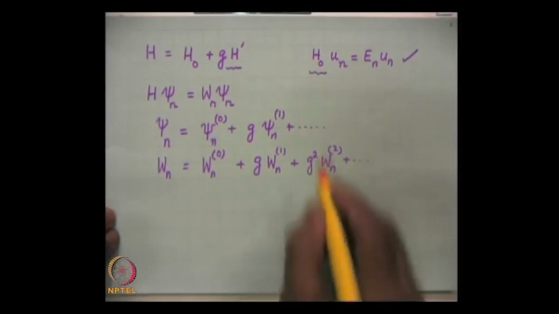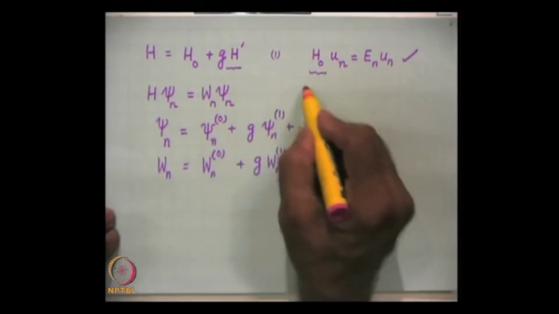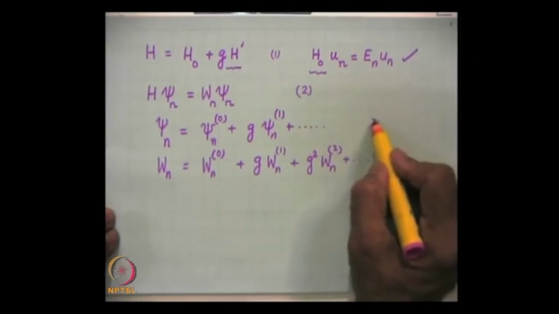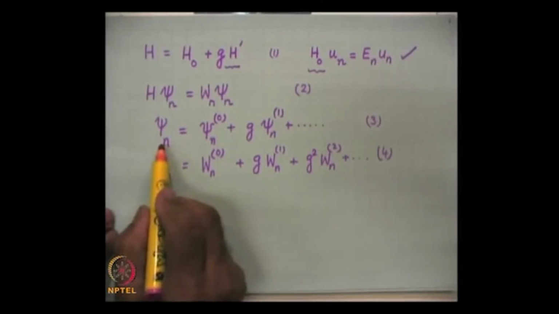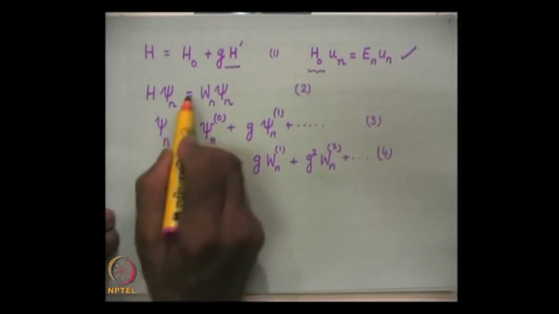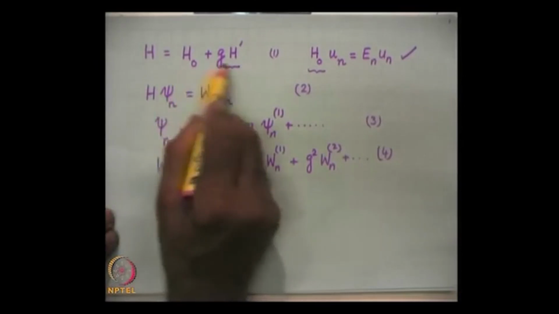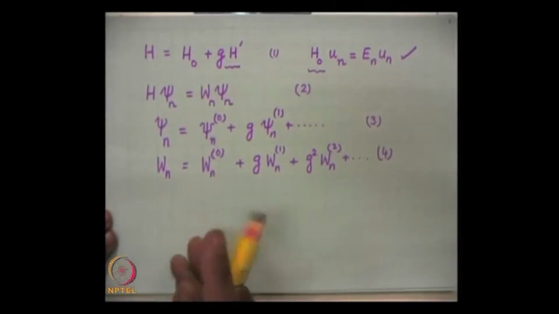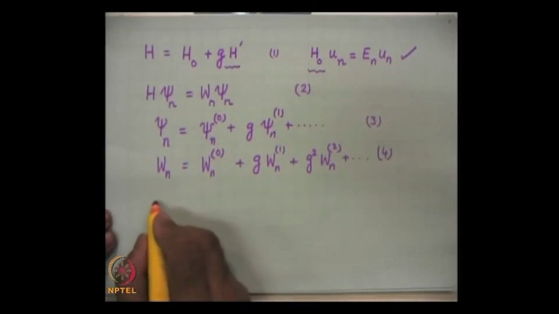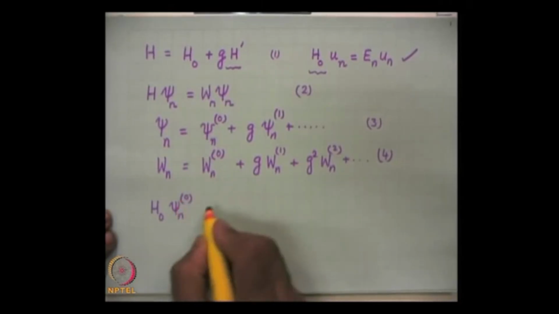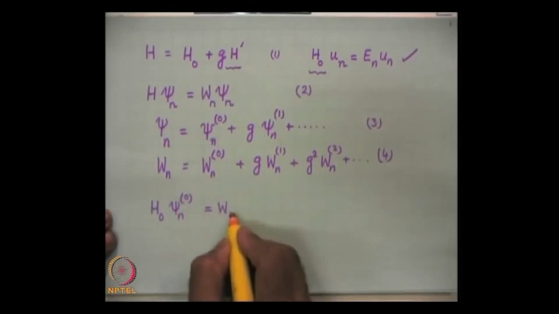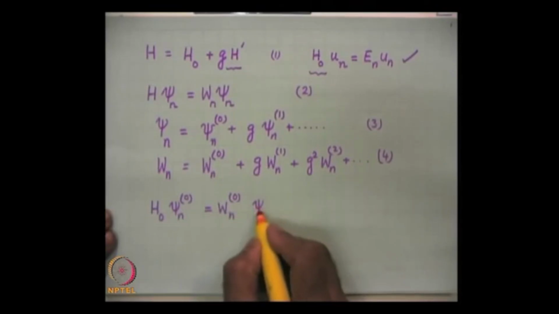We had substituted, say let us suppose this is equation 1, equation 2, equation 3 and equation 4. So, what we did was we substituted for psi n and W n in this equation. We compared the equal powers of g on both sides, and we ended up with these sets of equations. The first equation was H naught psi n 0 is equal to W n 0 psi n 0.